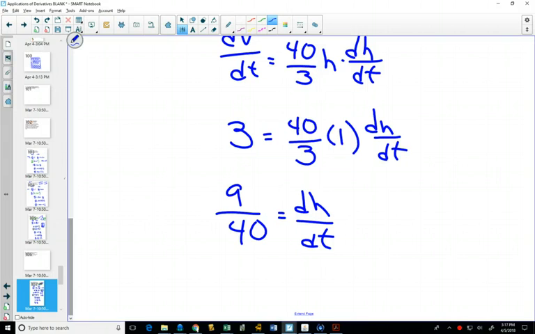And to put our units in there, we were dealing with feet per minute.